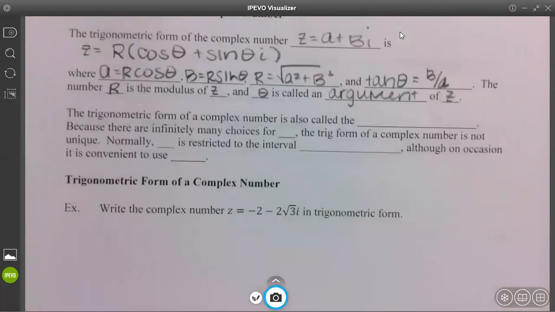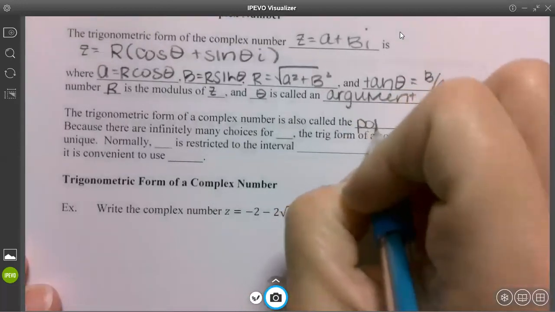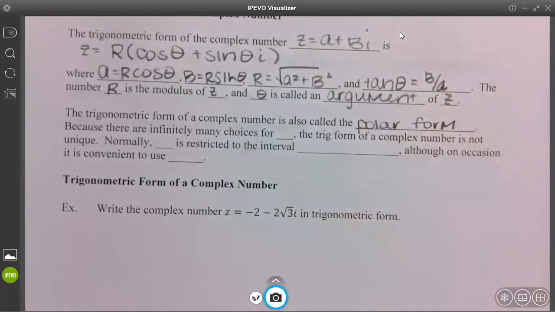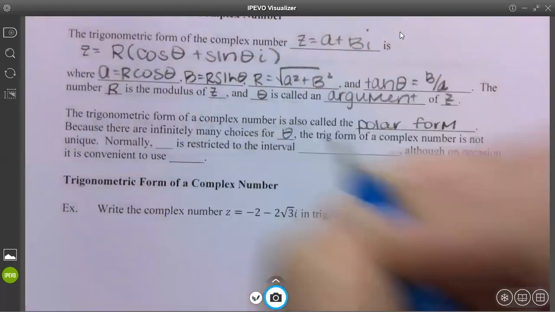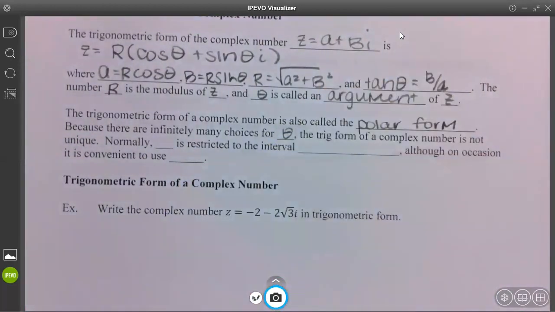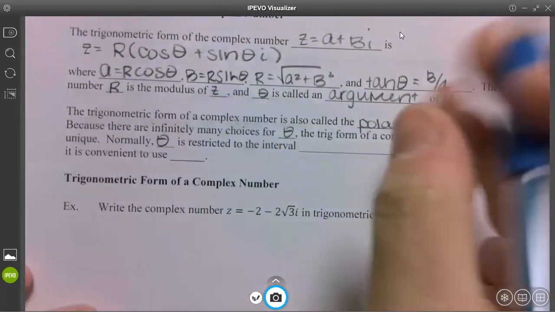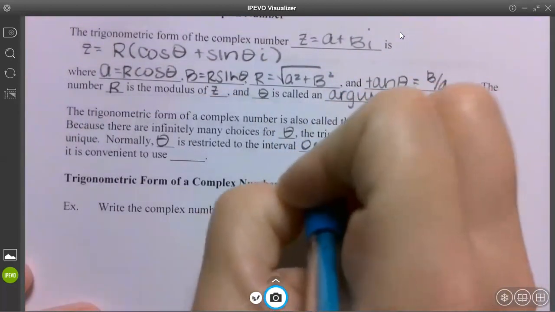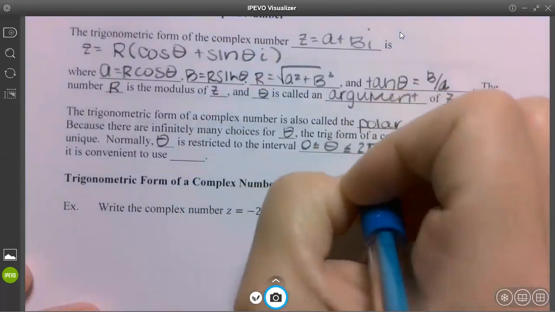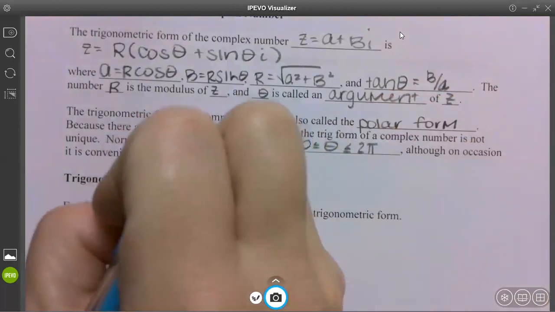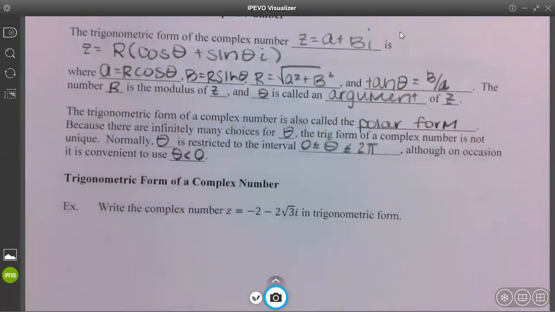The trigonometric form of a complex number is also called the polar form. Because there are infinitely many choices for theta, the trig form of a complex number is not unique. Normally, theta is restricted to the interval 0 to 2 pi, although on occasion it is convenient to use theta less than 0.